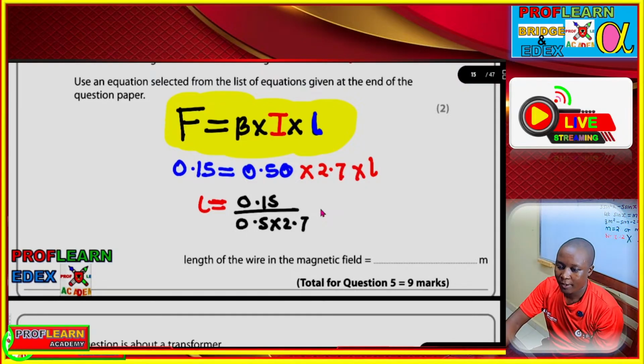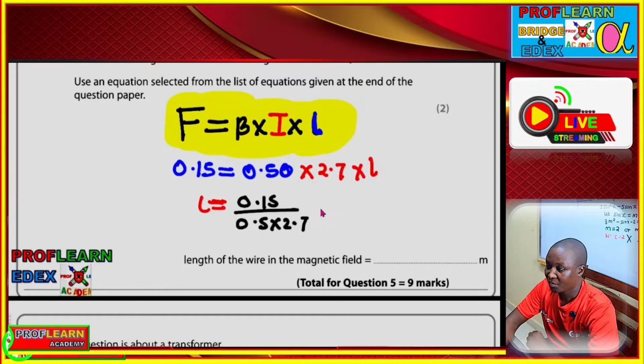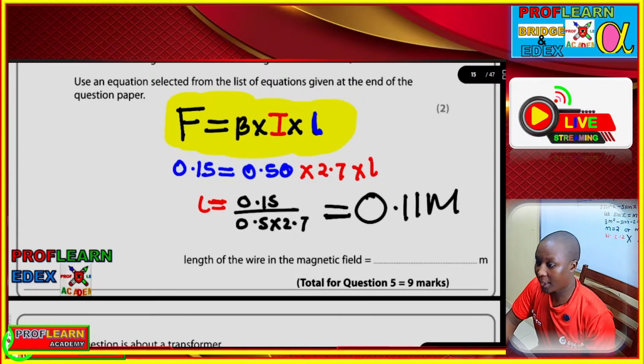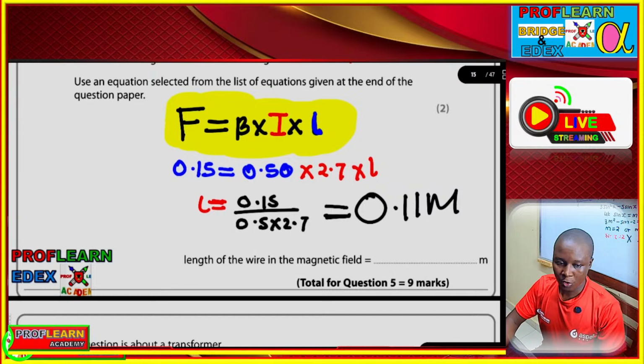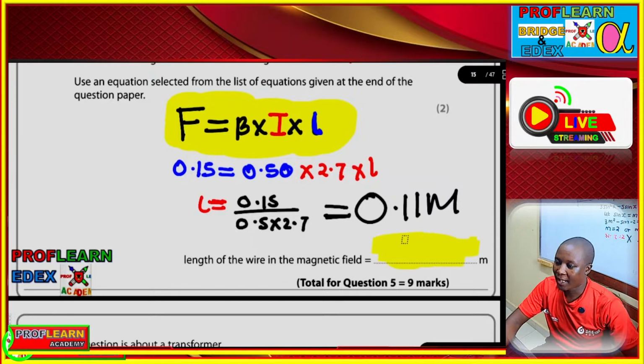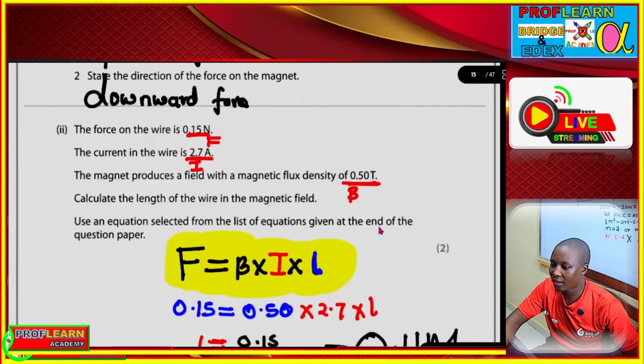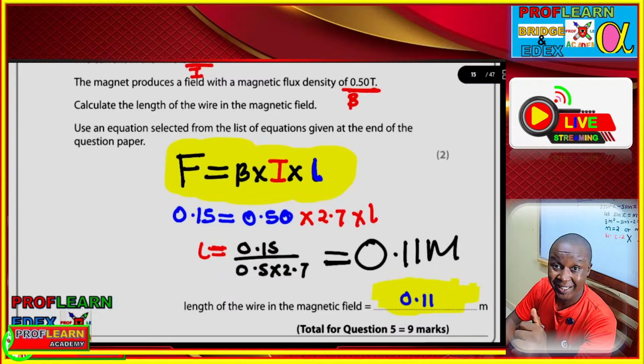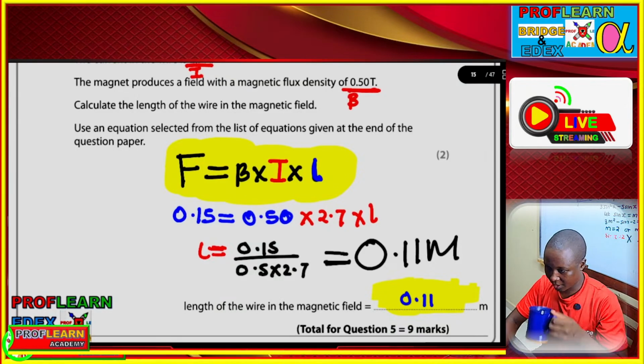So I believe this is one of the questions that will be asked on Monday. If you have attended the Proflan YouTube channel, you'll be in a position to get that 0.11 meter as the length. So we shall transfer it down here just to make the examiner happy by writing your answer down here, right?